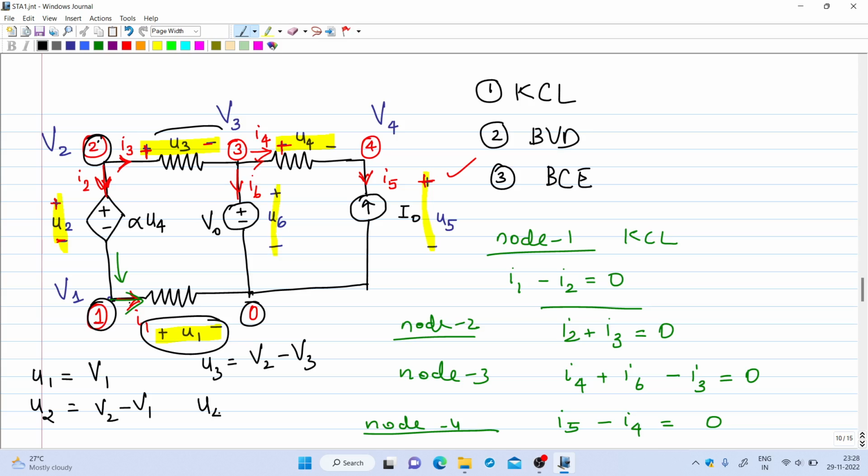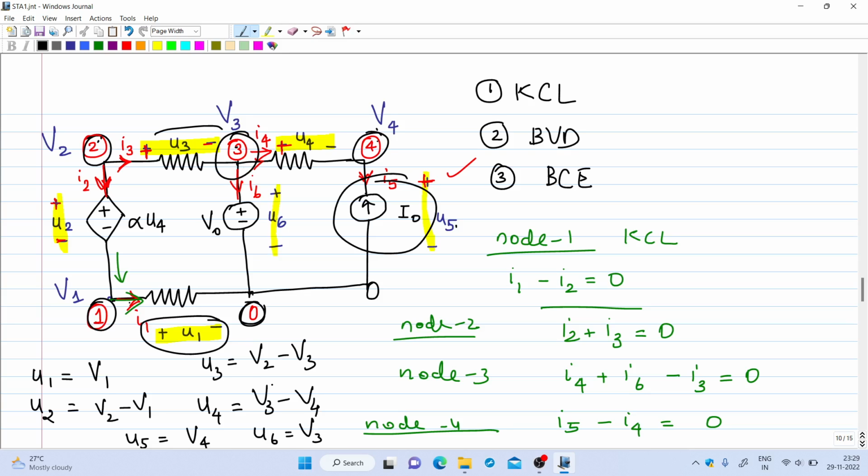Then U4 is between 3 and 4, V3 minus V4. Then U5 is this voltage, that is the same as V4 minus 0, or it is equal to V4. Then last one, U6 is V3 minus 0. So we got 6 branch voltage definitions. From this you will get 6 equations.